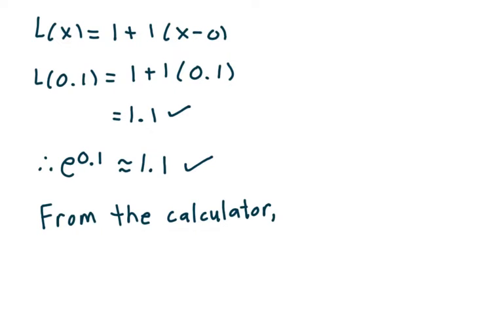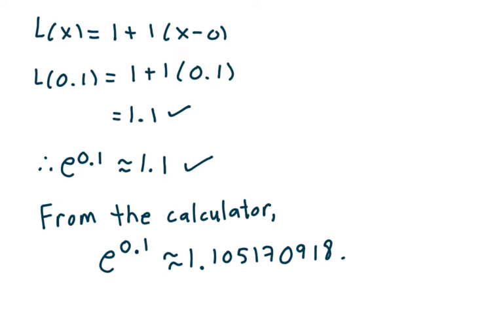So from the calculator, e to the 0.1 is approximately 1.105170918, etc. And so this technique gave a pretty good approximation to e to the 0.1.